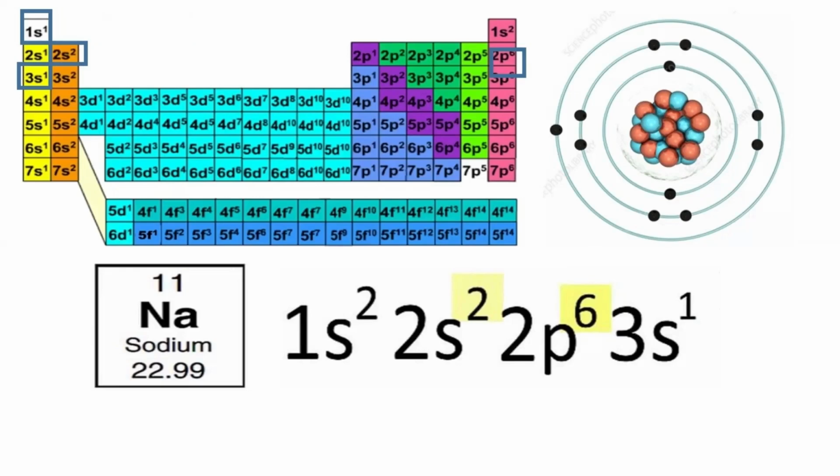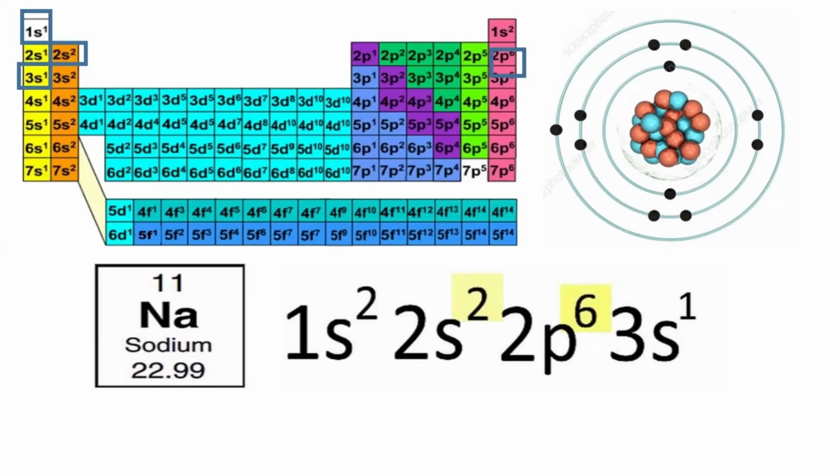The first thing you should know is how many main energy levels sodium should have. Sodium atom should have 3 main energy levels. Then the first energy level fills up to 2 electrons and completes 1s2.